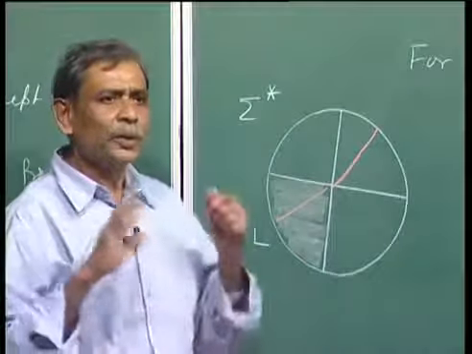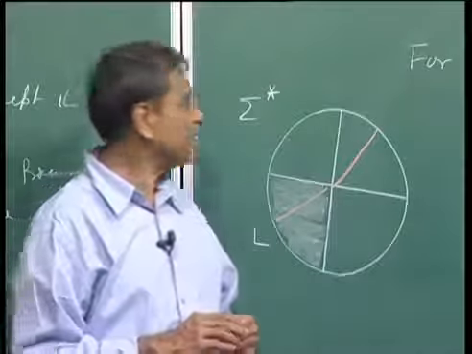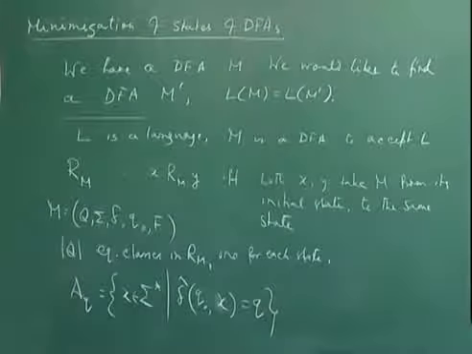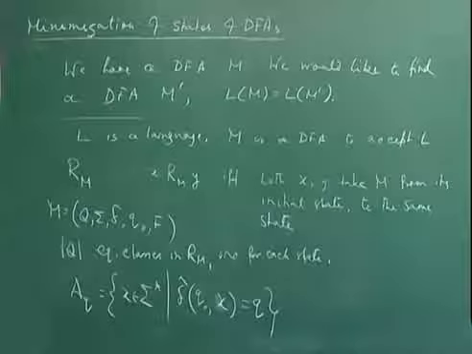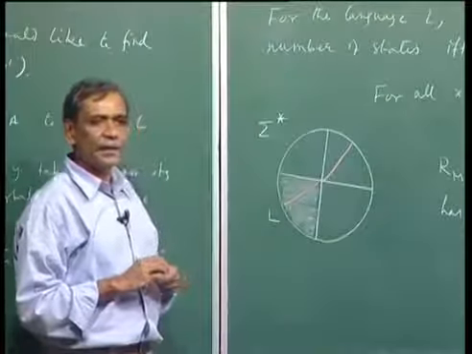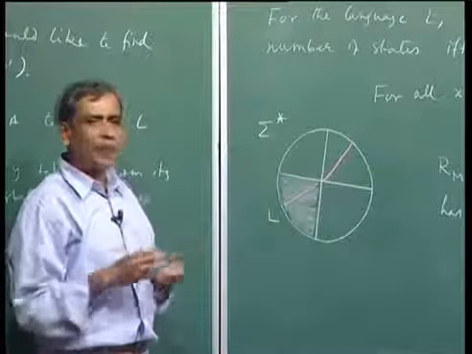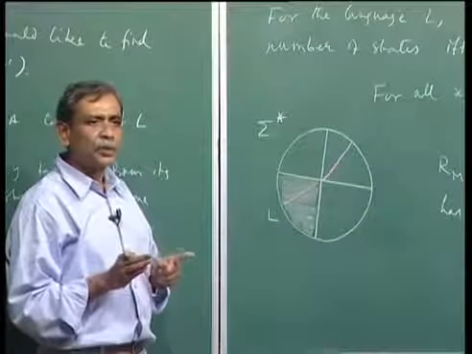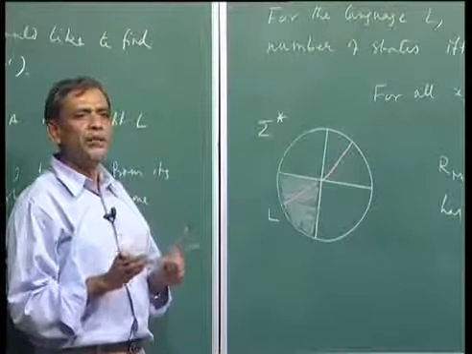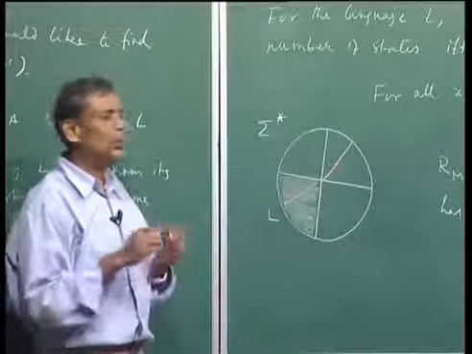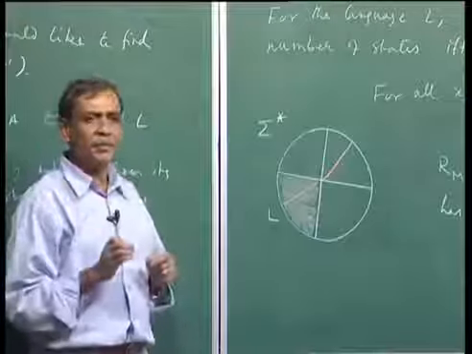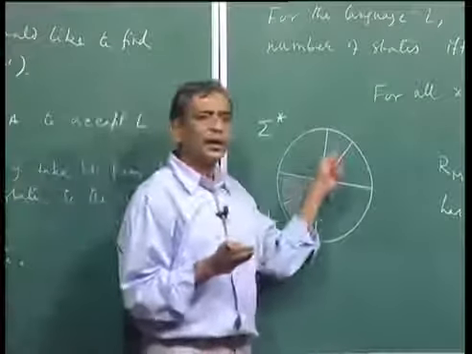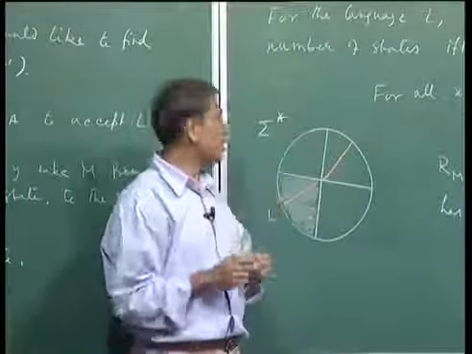So, what would minimization mean? Recall that for every state of the machine M, we had an equivalence class in RM. If RM is a proper refinement of RL, that would mean two or more equivalence classes, corresponding to two or more different states of the machine M, all fall in the same equivalence class of RL.